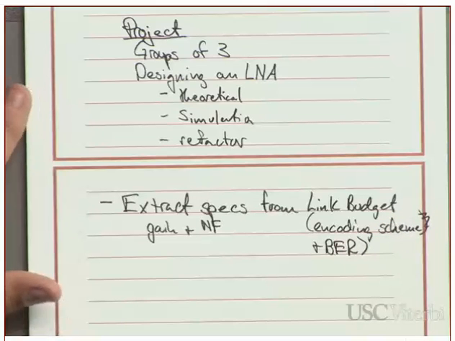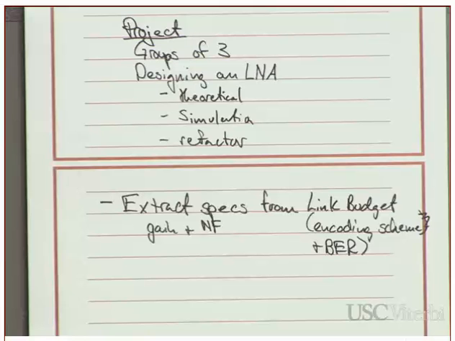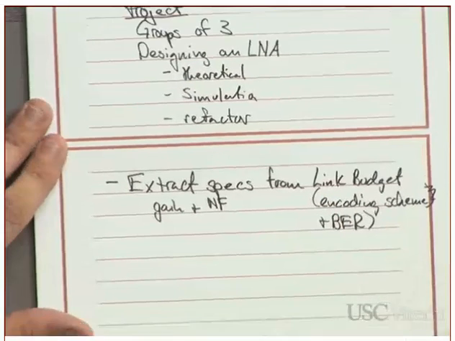So in order to close the link with a given bit error rate, you have to get a certain gain for whichever encoding scheme you use, like for binary phase shift keying or quadrature phase shift keying. There's a required output signal to noise ratio, basically. So you're going to basically be combining a lot of stuff that you learned from the first part of the course to get these 2 numbers, gain and noise figure.